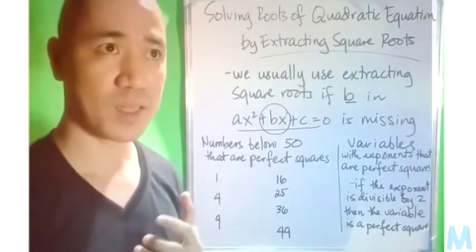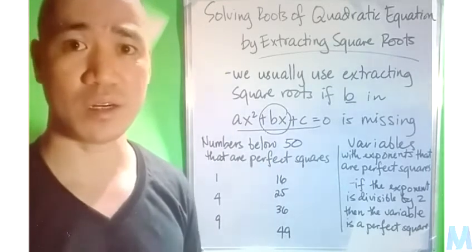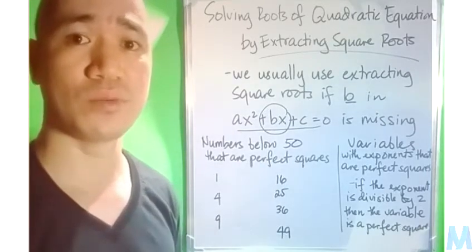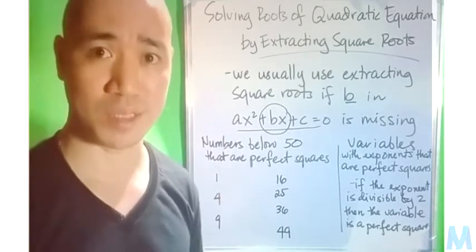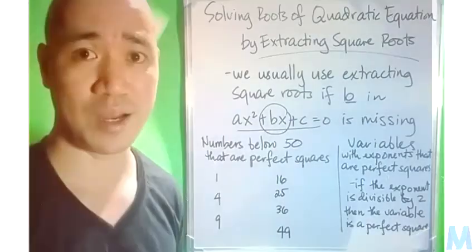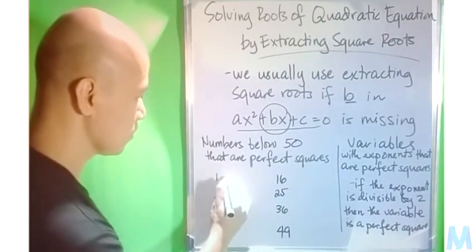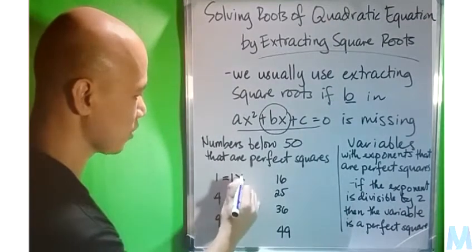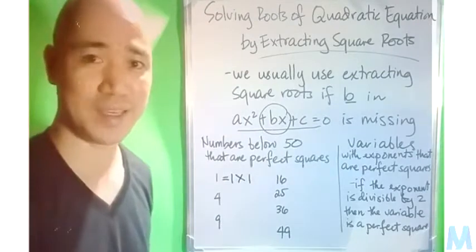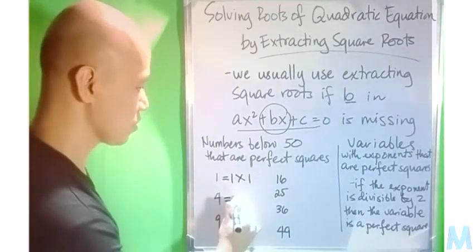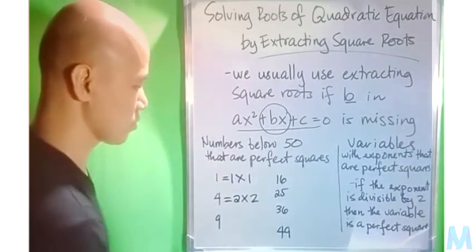So, numbers that are perfect squares are the results if we multiply a certain number by itself. Okay, so for example, 1 is the result if you multiply 1 times 1. And then 4 is the result if you multiply 2 times 2.